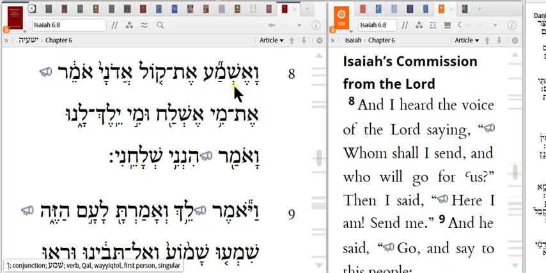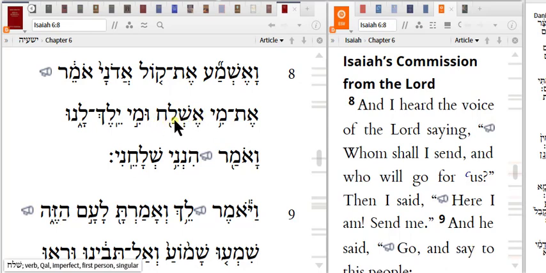So who did the hearing? I did, and it's past time. And I heard et qol Adonai. Remember qol? Voice. Is it definite or not? Well, it's in construct with Adonai, which is definite. Okay? So, and I heard the voice of the Lord, omer, Qal participle, saying, et mi eshlach.